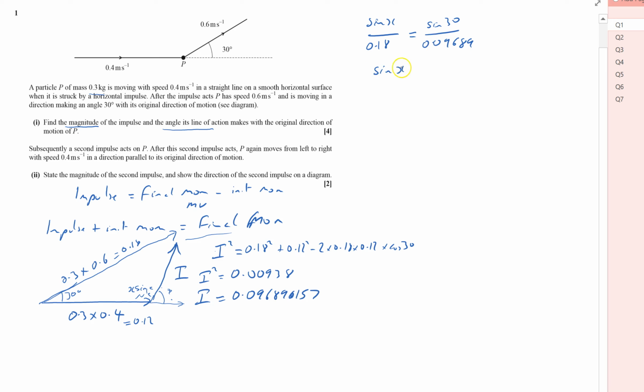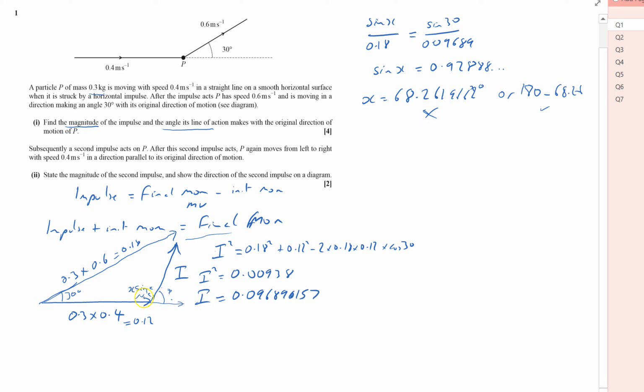So that tells me that sine x equals 0.9288, and so x equals sine to the minus 1 of that, which equals 68.26 degrees. Well, it can't be, because that's meant to be obtuse. So for x, it's 180 minus 68.26. It can't be that, so it must be this.